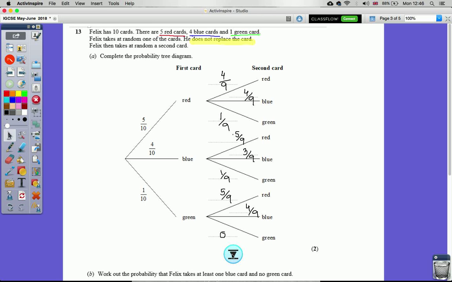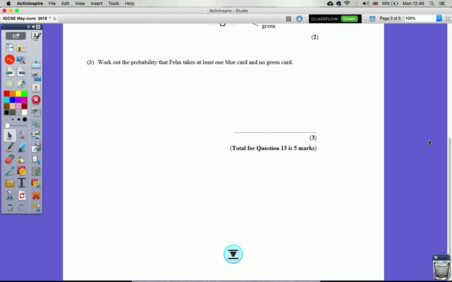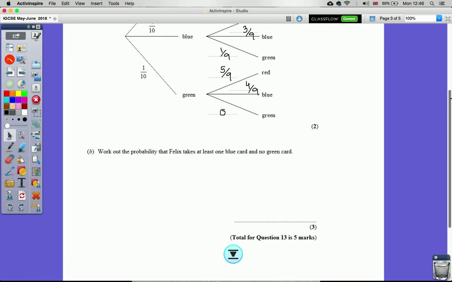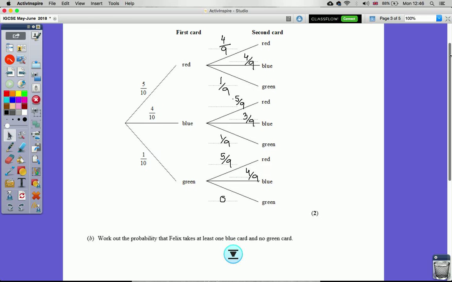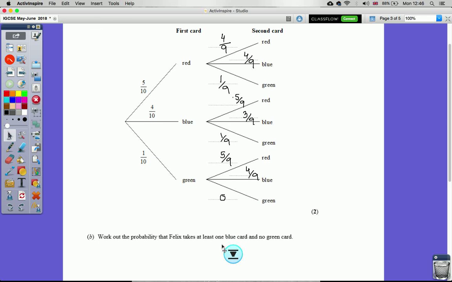Now the next part of the question is asking you, work out the probability that Felix takes at least one blue card and no green card. At least one blue and no green.